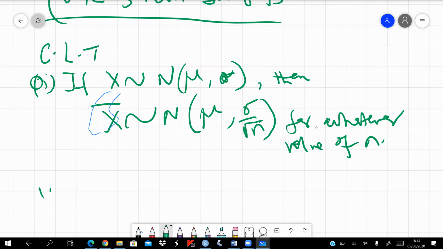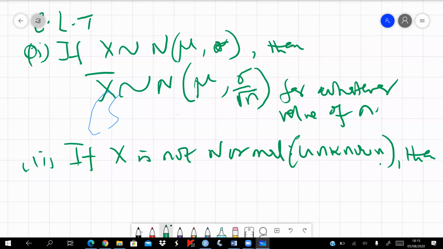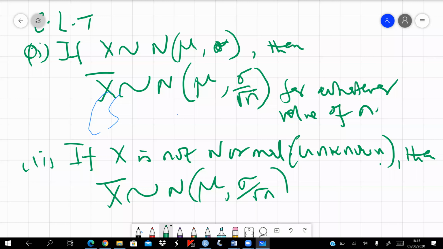Then part two, we said that if X is not normal, or the distribution of X is unknown, it can be either way, then the distribution of X bar will also be normal, with mean equal to mu, just like the first scenario, and standard deviation equal to sigma over root n for large n.